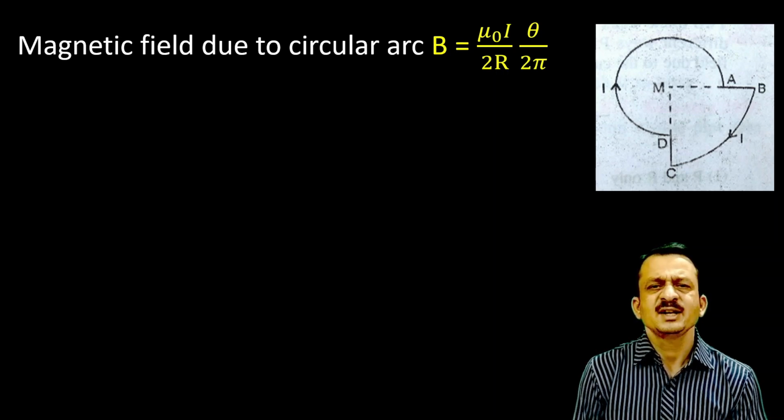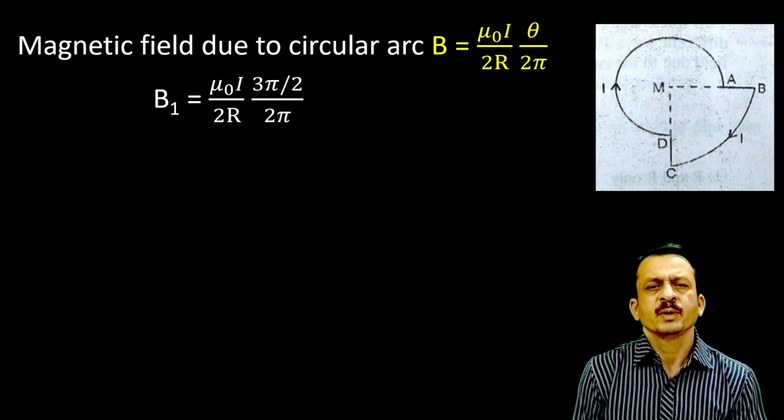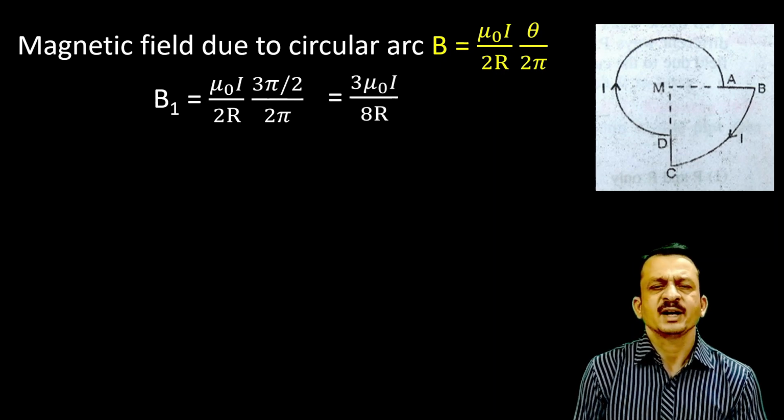Therefore the magnetic field due to the larger loop, B1, is mu naught I divided by 2 into its radius r, into the angle 3 pi by 2 divided by 2 pi. Now pi cancels here, so 3 mu naught I divided by 8r.